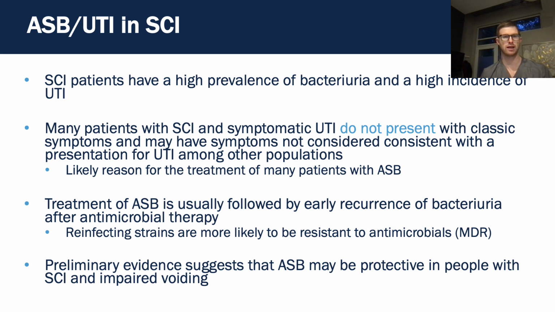It's important, and we're studying it very closely, because patients with spinal cord injury who have a symptomatic urinary tract infection actually don't present with classic symptoms and may have symptoms that are not considered consistent with a presentation for UTI among other populations that we may see in the hospital.